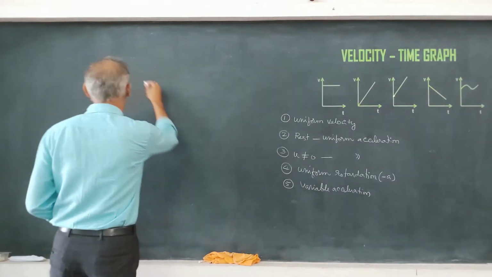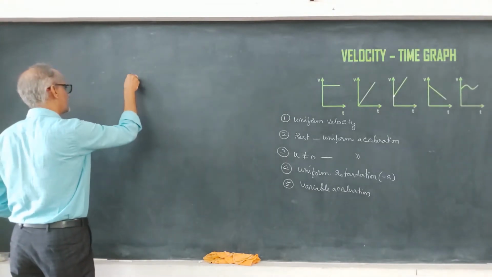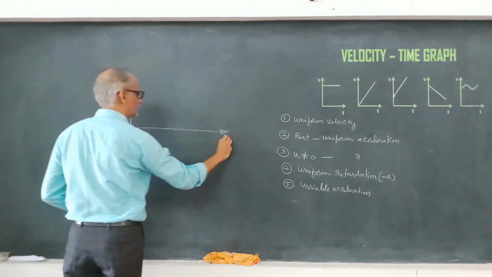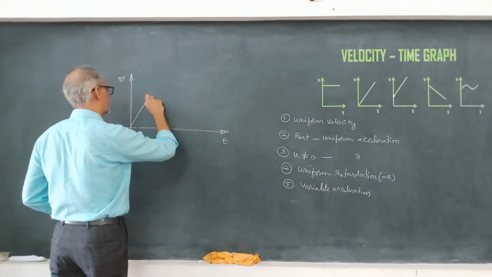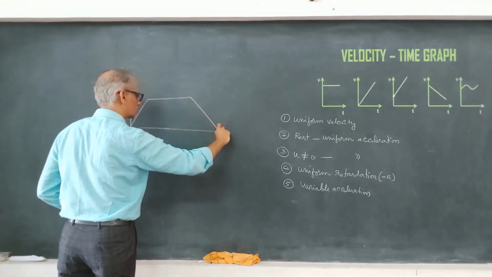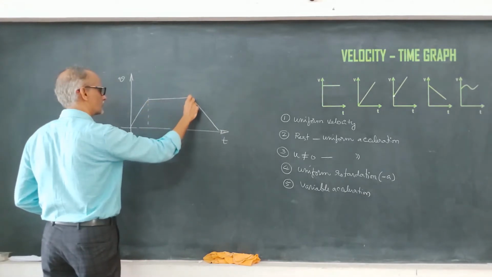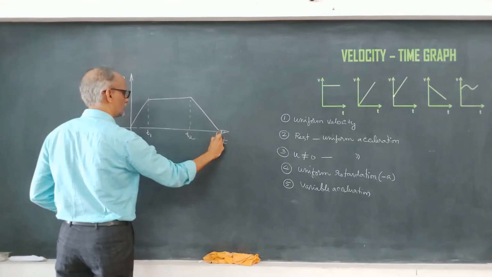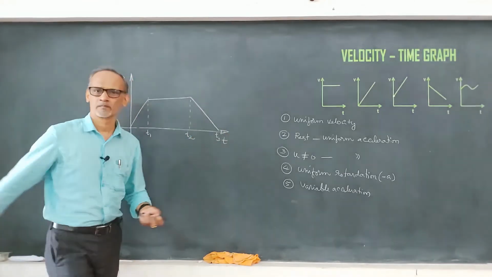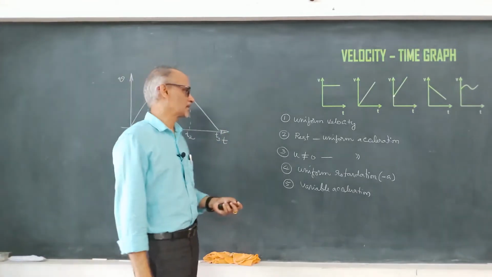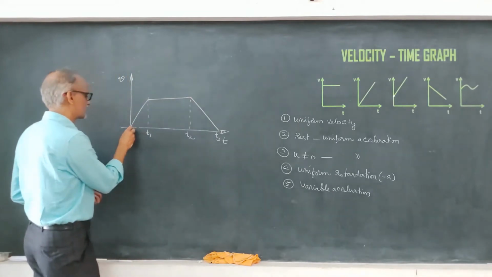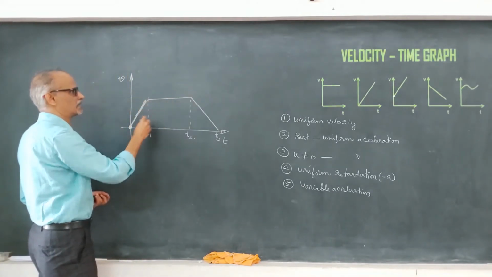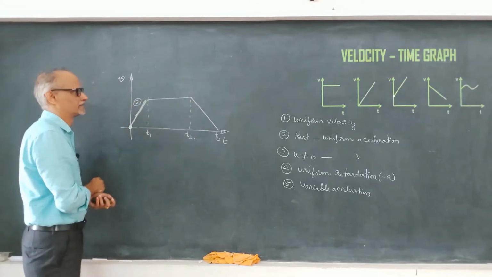I'm going to give a graph here. So this is the VT graph, and I'm going to draw the graph like this. Now if you look at this graph, the body starts from rest. So this portion of the graph is similar to the second graph.